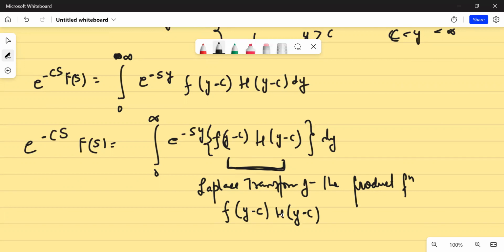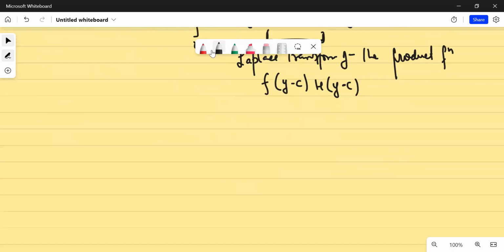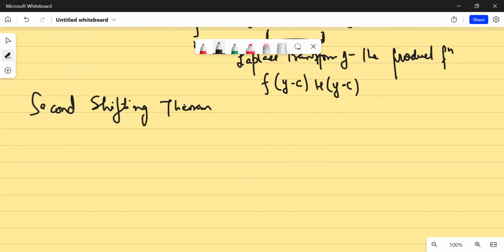Okay, and this brings us to something called the second shifting theorem. So what does the second shifting theorem say? Now you'll be able to understand. What I wanted to explain was the second shifting theorem.